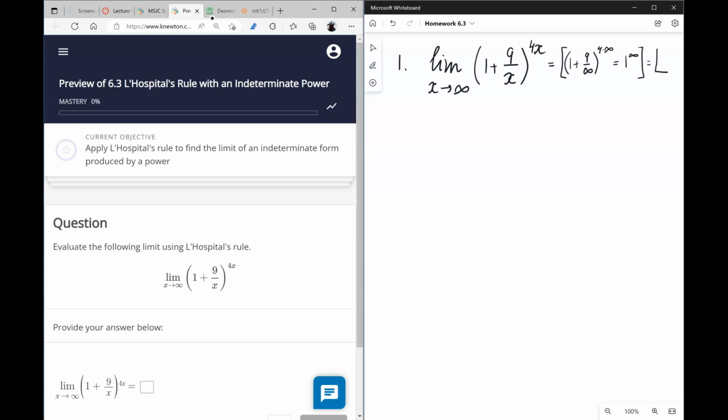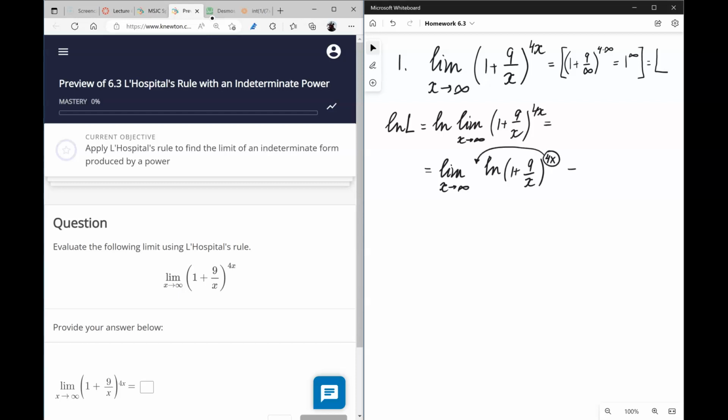We need to find L, but instead of finding L, we will be looking for ln of L. So ln of L will be ln of this limit, but since natural logarithm is a continuous function, we can pass the limit through the function, and here's what we have. Now, using the properties of logs, we can bring this exponent out.